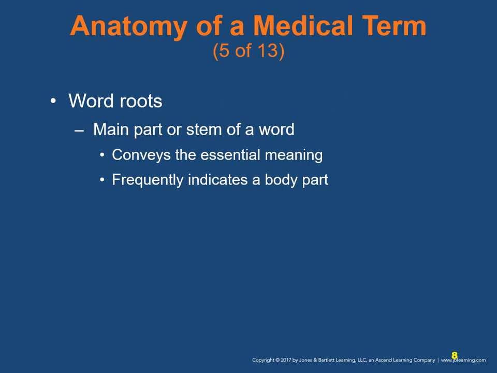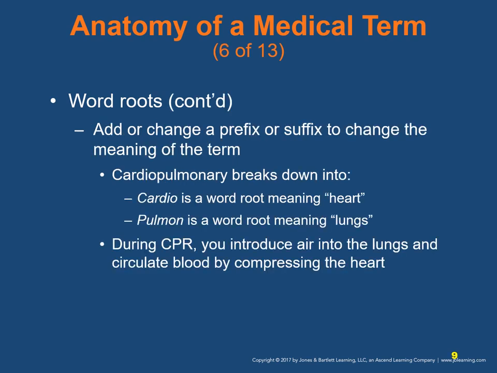The main part or stem of a word is called a word root or root word. It conveys the essential meaning of the word and frequently indicates a body part. Most terms have at least one word root and some have more than one root. Adding a prefix or suffix to a word root creates a term.